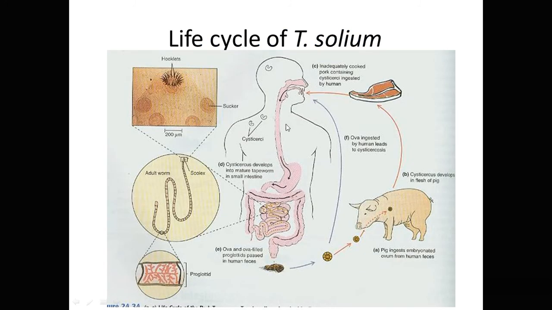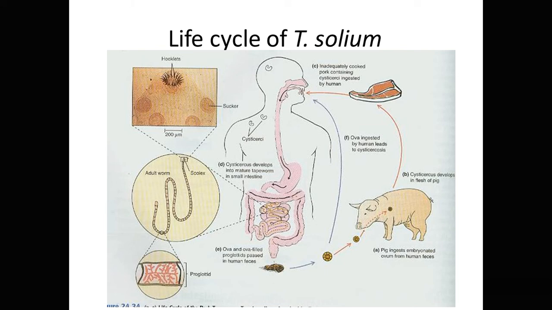So this is the life cycle, as I have explained. A person consumes meat contaminated with larva, then from the larva the complete adult worm grows and lays the eggs, and the eggs come out together with feces.